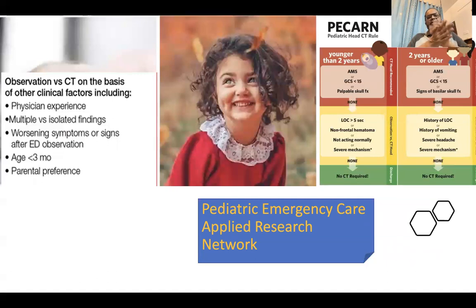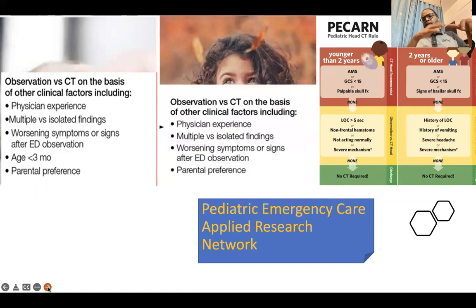If this is present, you decide whether to observe or to do a CT scan. Whether to take a CT scan in a child more than 2 years again depends on physician experience, multiple versus isolated findings, worsening signs and symptoms in ED observation, and also parental preferences.